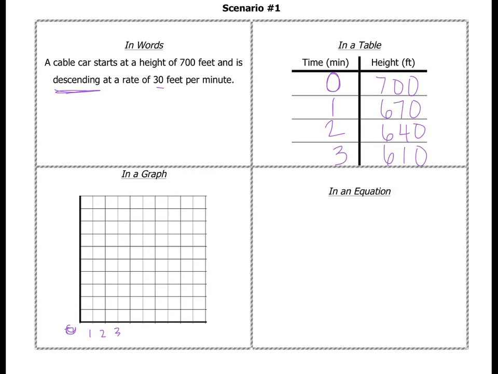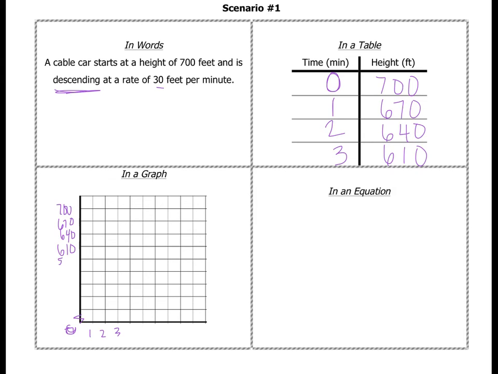What it's going to be starting at is I need to get up to 700 going up by 30s. So if I start at 700 right here, then this will be 670, 640, 610, and so on.